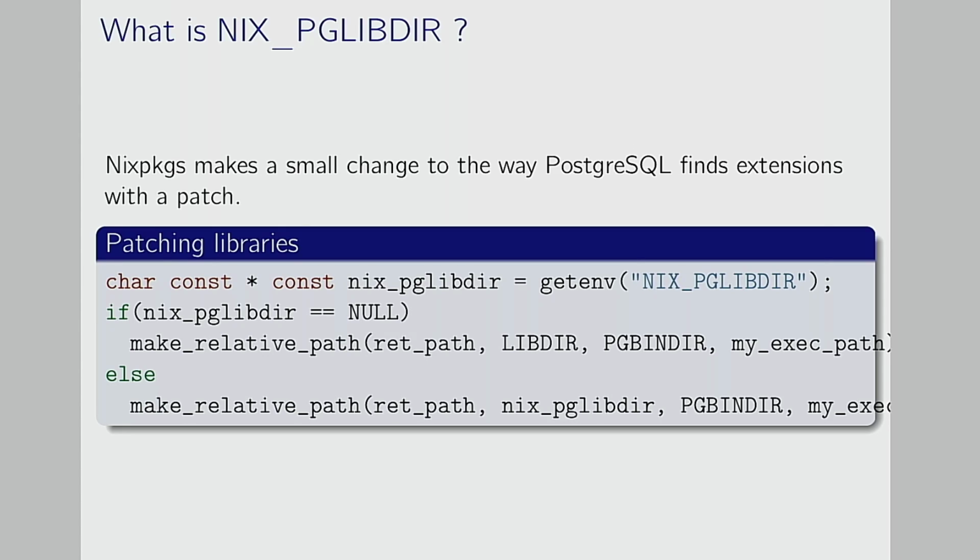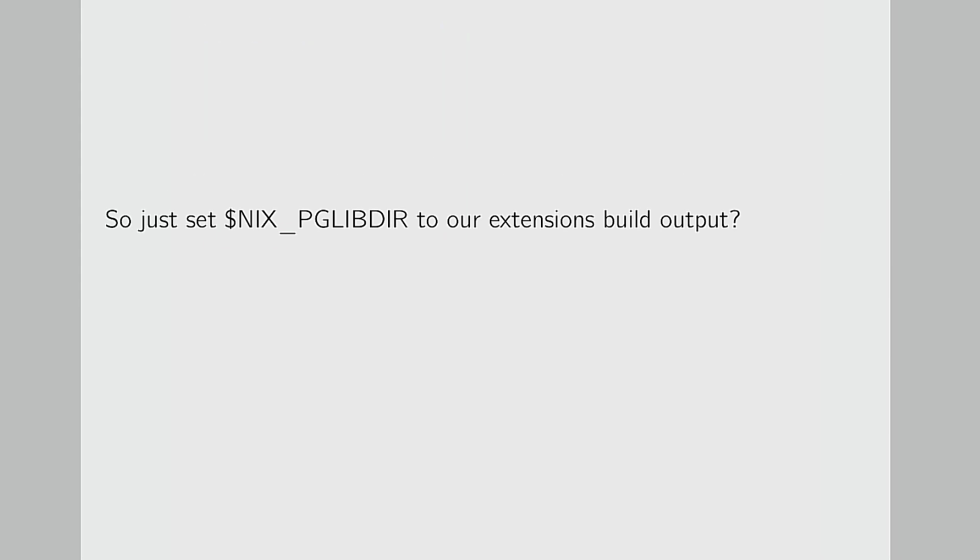So this is where that comes from. That wrapper will allow you to provide the libdir to find your extensions. So can we just set it to the build output from our extensions, and we're good to go, right?